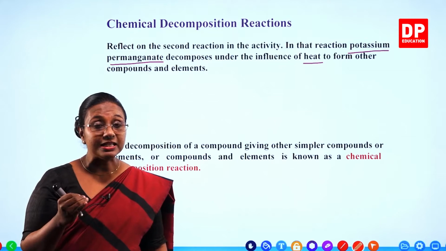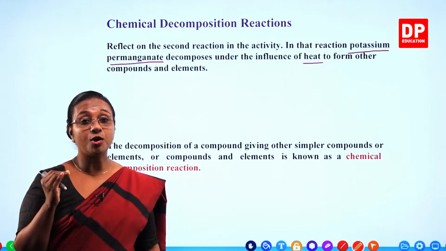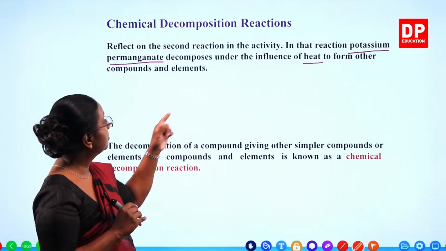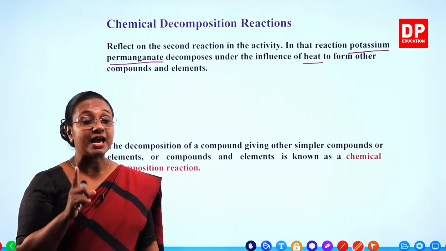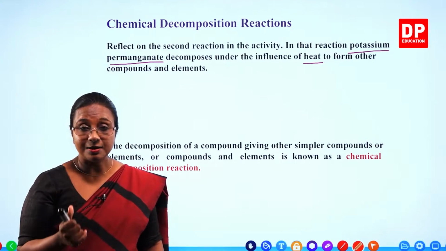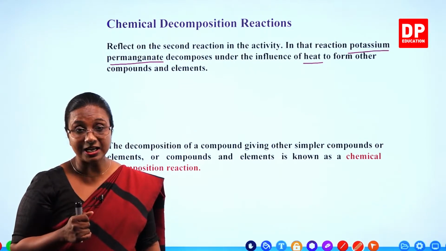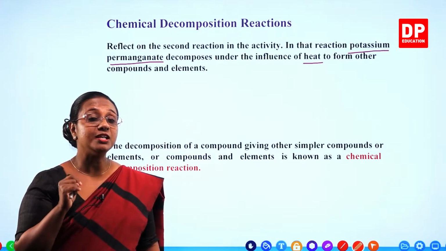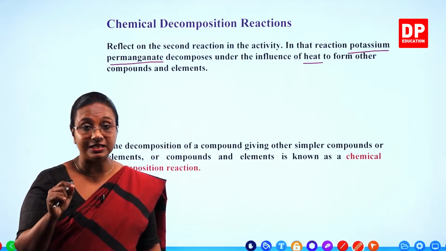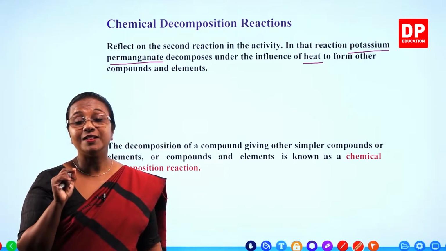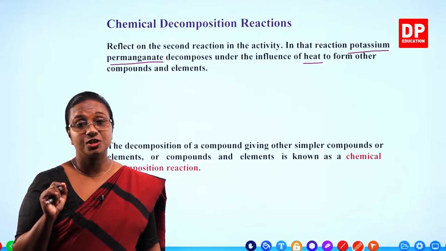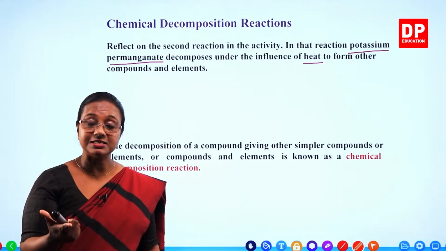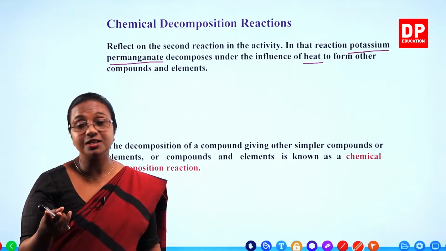So, when we did the reaction, students, you all were able to observe a black color solid remains when you heat potassium permanganate. And I mentioned to you all, potassium manganate and manganese dioxide are the solid substances. At the same time, what did we do? We used a glowing splint in order to identify the liberation of oxygen gas. So, there are three products: potassium manganate, manganese dioxide and oxygen gas.